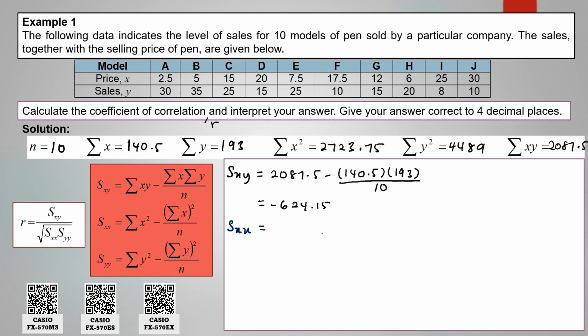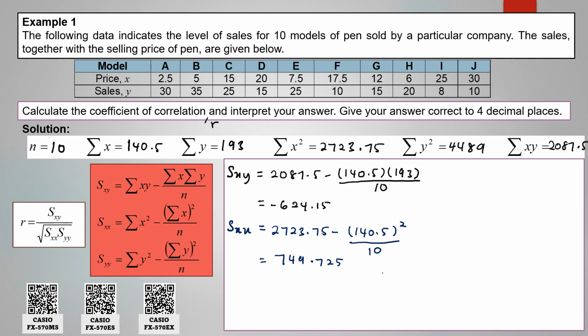And then you need to find Sxx. Sxx equals, just put the values that you get into the formula. You will get 2723.75 minus 104.5 squared over 10. Just press your calculator and you will get your Sxx is equal to 749.725.